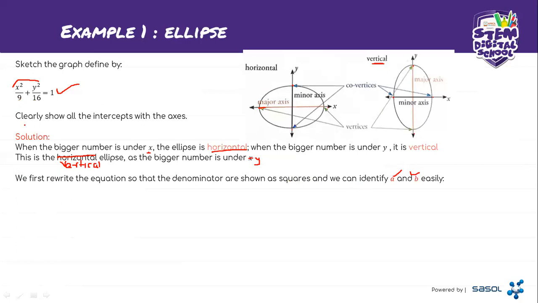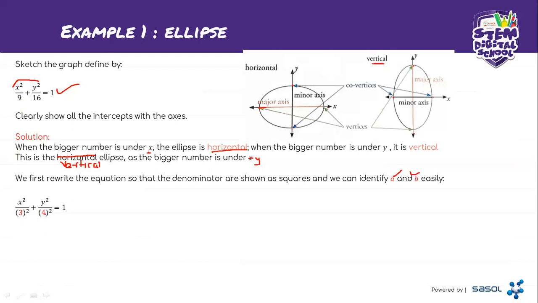You can see that instead of a squared, we have 9. So it does not have a square, but it shows that we don't have the value of a. Of course, now we know that if you say 3 squared, it's going to give us 9, meaning a is 3.